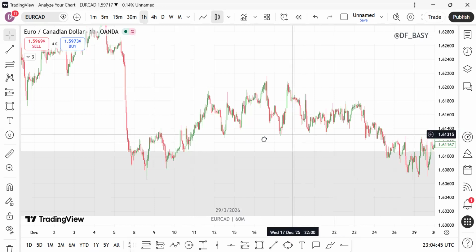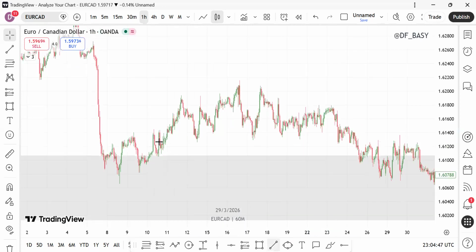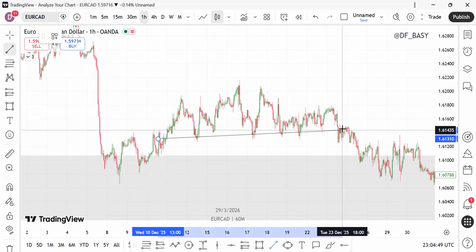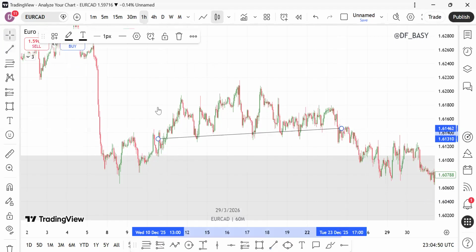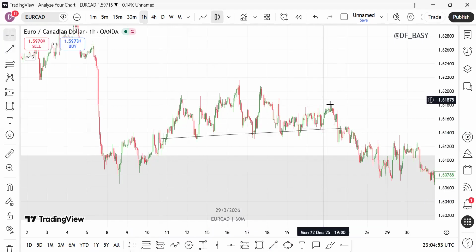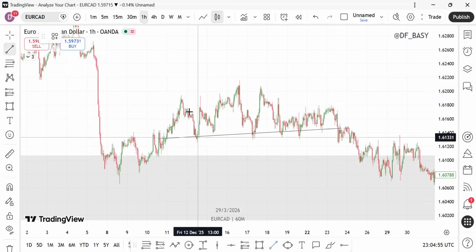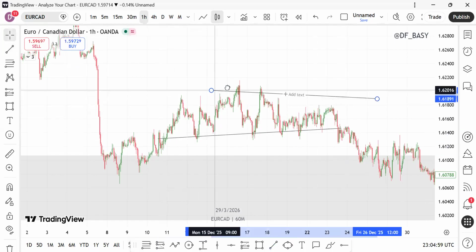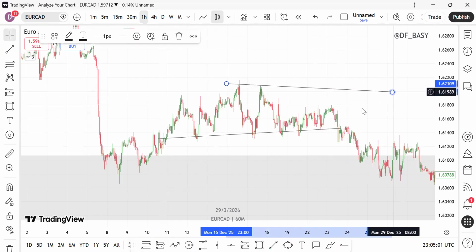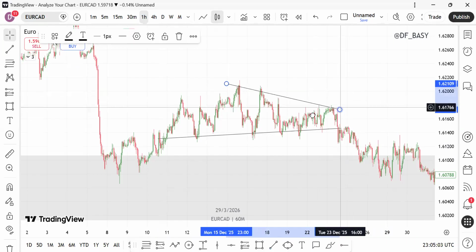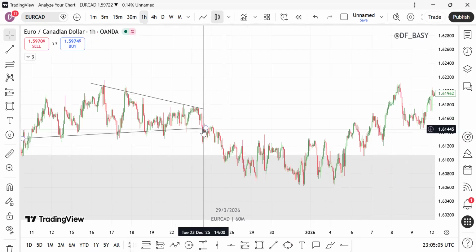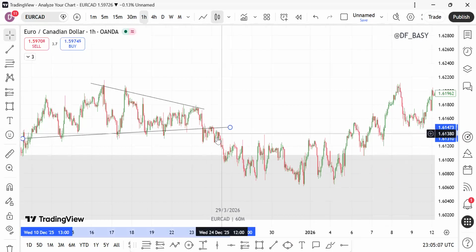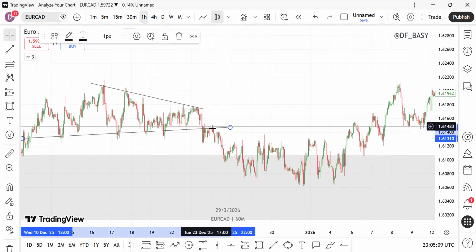Okay. I think I have one here. This is it. I have this. I have to take it from here. What did market do? After market closed fully below, market retested here.